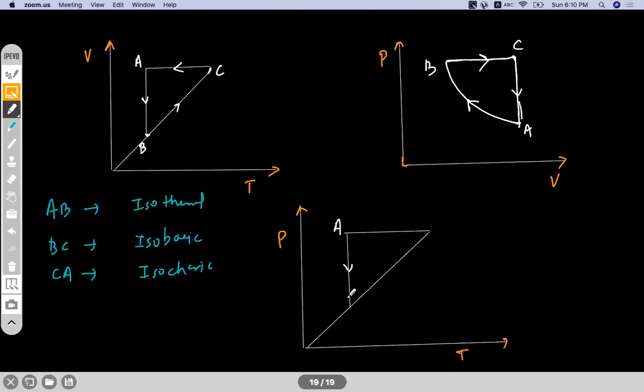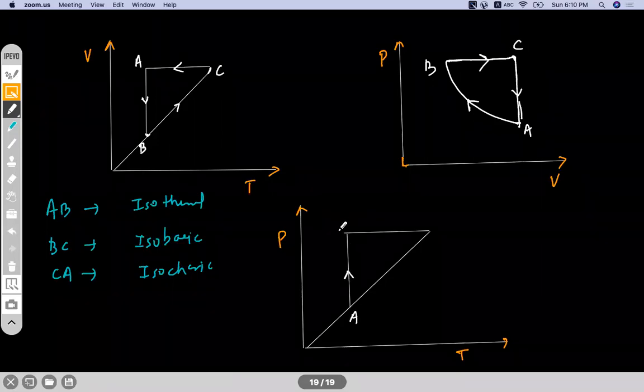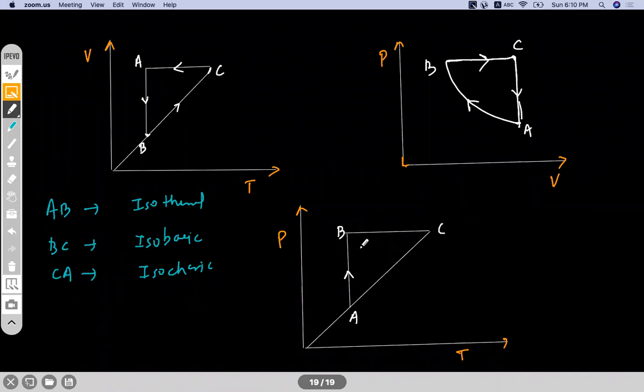Constant temperature, volume decreases, pressure should increase, correct? So we'll have this one. A to B, and this is C. AB, BC, C. Look at this graph. Is this correct? Tell me. All the process, everything you can understand here, it is coming out to be right. Yeah. So this is the graph we have, right?